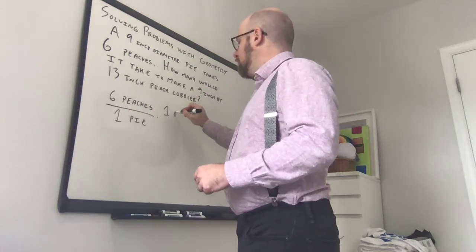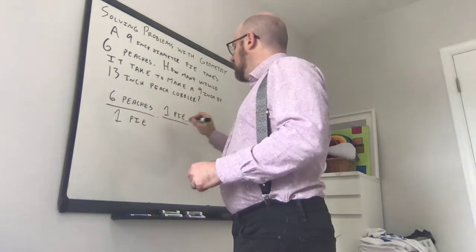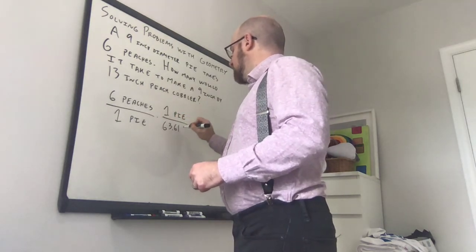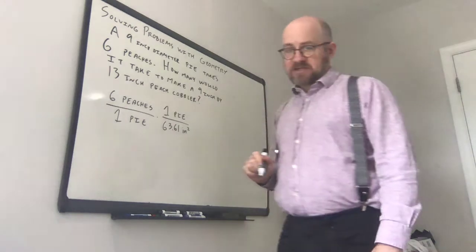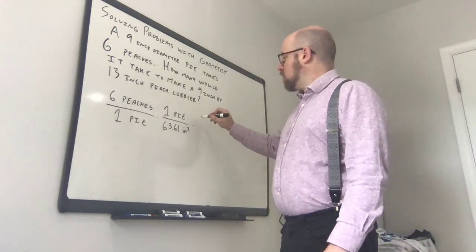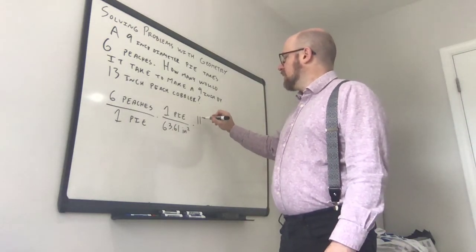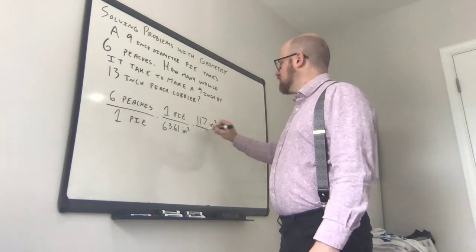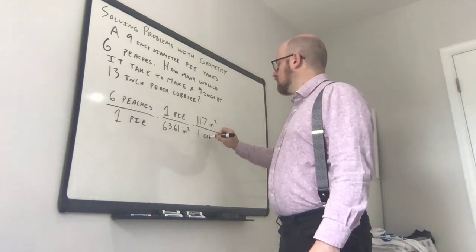We know that 1 pie is 63.61 square inches. And we know that our rectangular cobbler is 117 square inches per 1 cobbler.